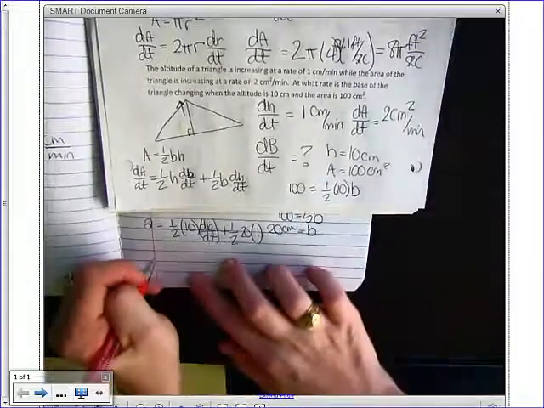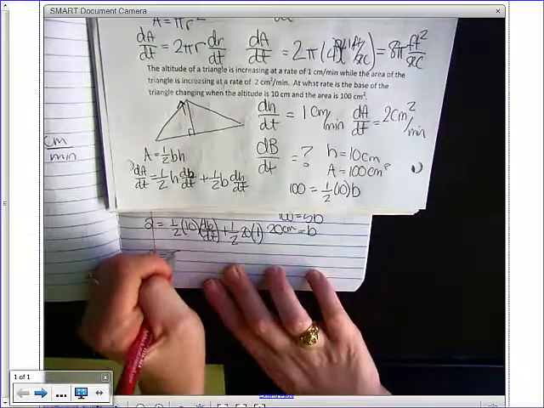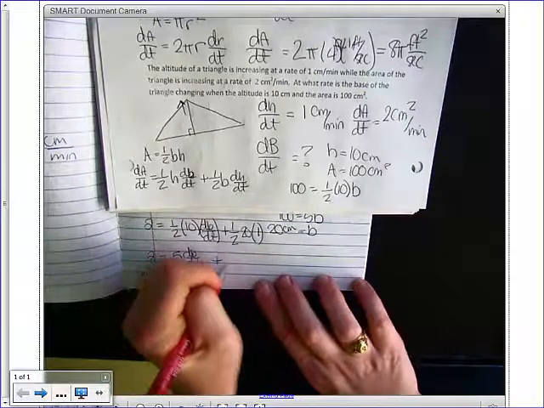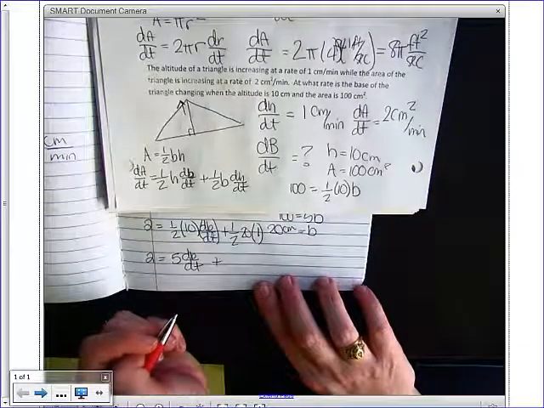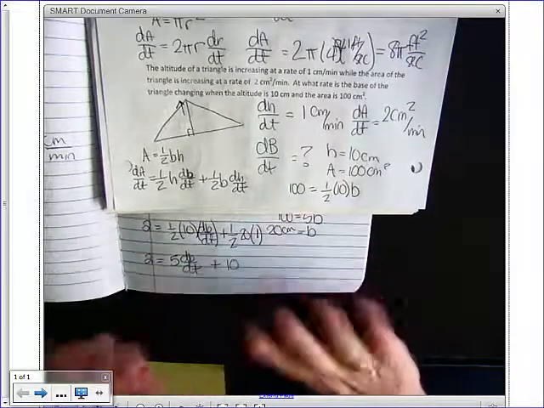So let's plug all this in and simplify this. 2 equals 5 dB/dt plus, well, 20 divided by 2 is 10 times 1.